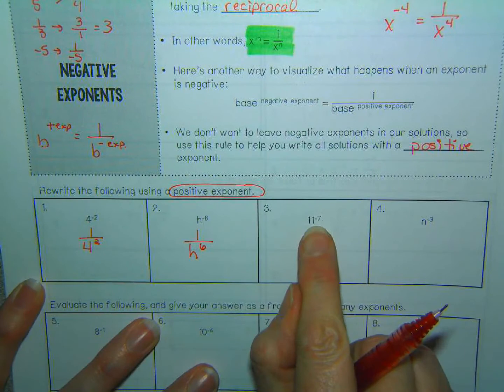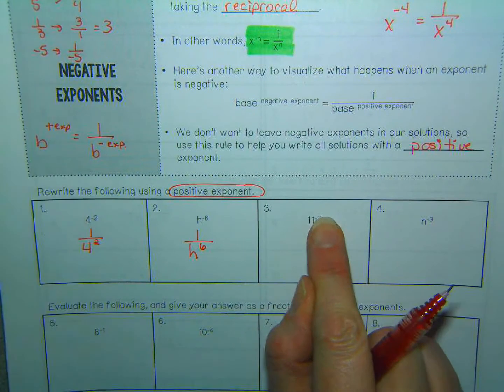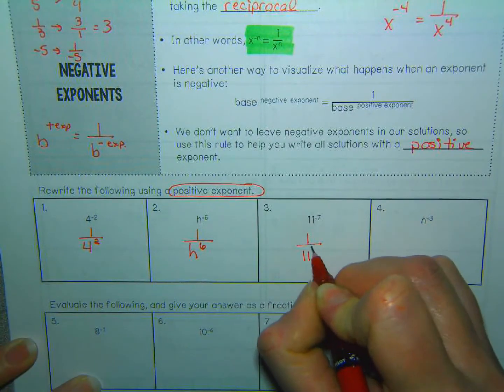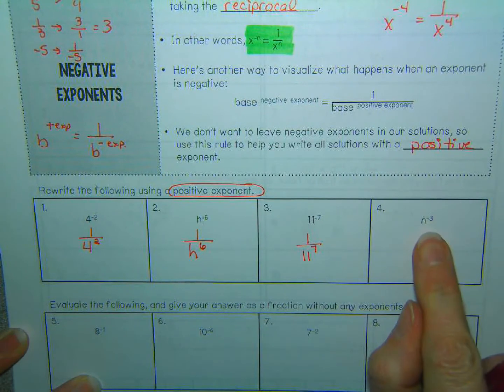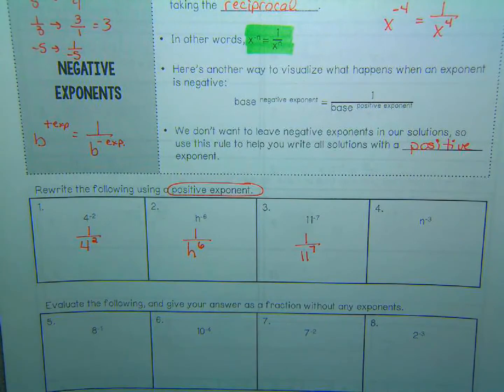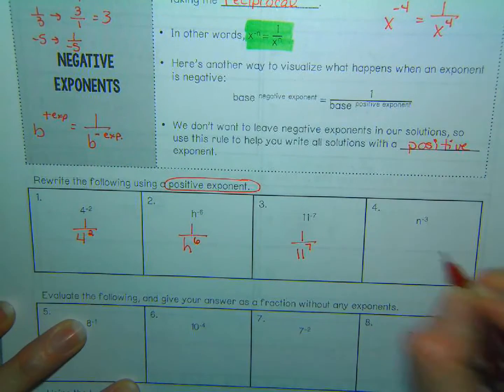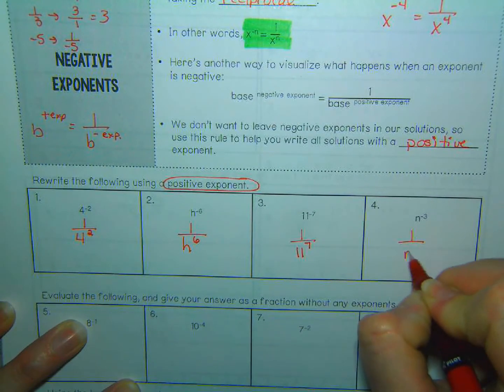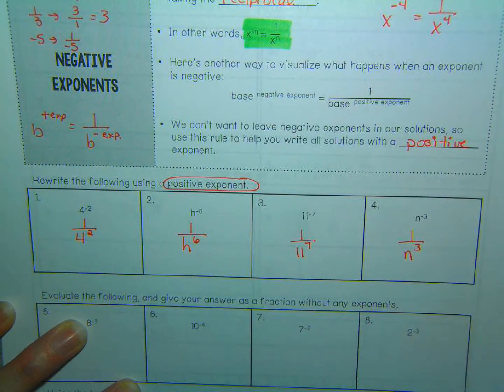And this one right here, we have a base to a negative exponent, and that's the same as 1 over the base to a positive exponent. And this one right here, I want you to do that yourself. Hopefully what you end up with is 1 over n to the 3rd.